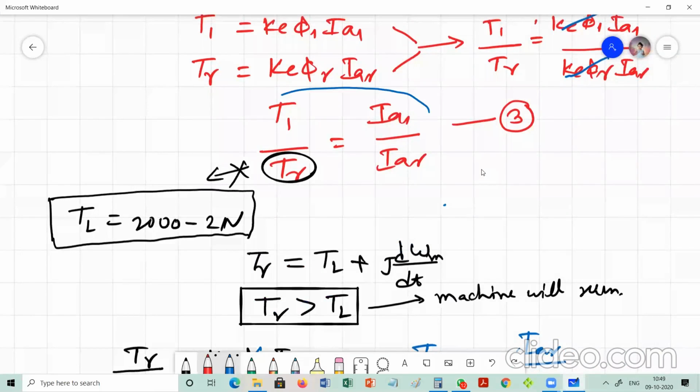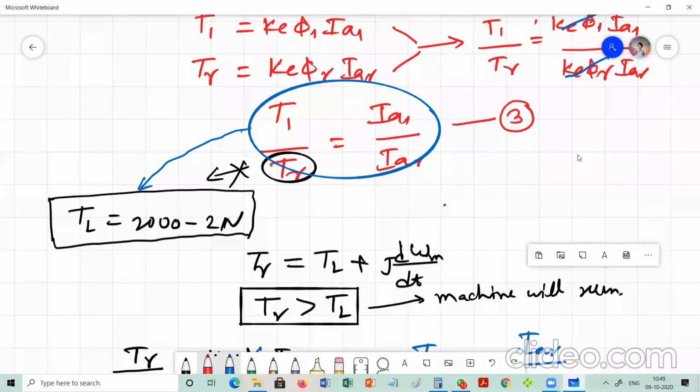Observe this equation. In this equation now TR we have calculated, IAR is given, but still T1 is unknown. To calculate T1 you can use this equation. Why? Because in the first case, I will reread it for you.